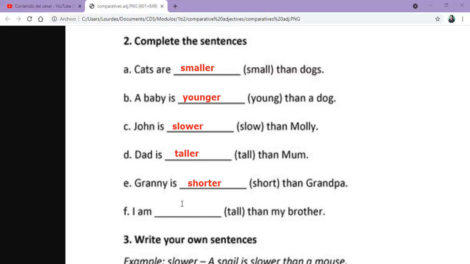Very good. And the last one: I am taller than my brother. Thank you so much. Very good job. Great.